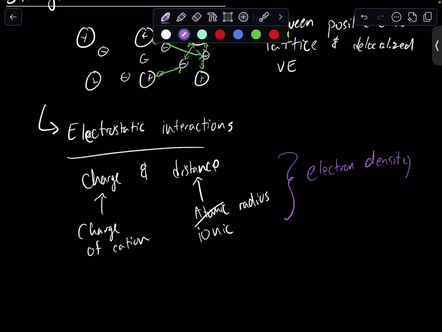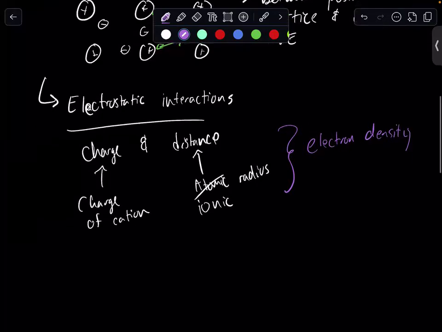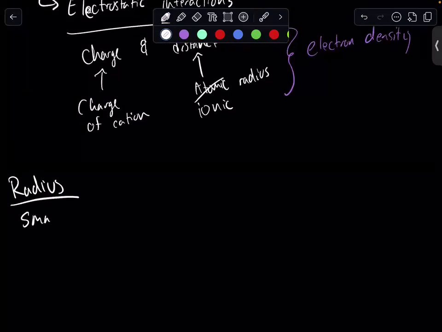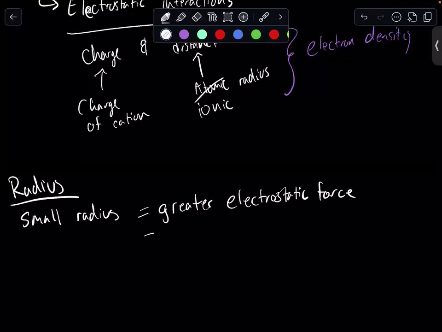Let's first start off with radius, because honestly, it's more important. A small radius equals a greater electrostatic force, which means a stronger metallic bond.